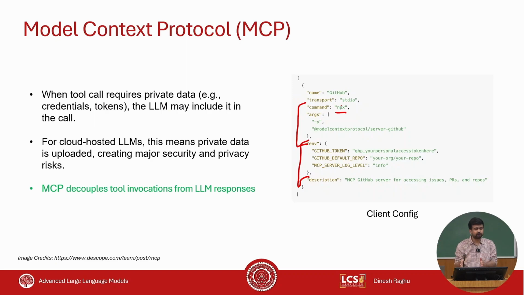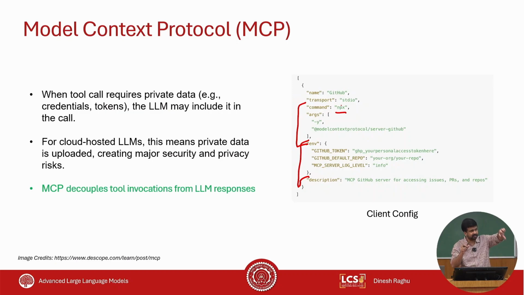So this is the good part about MCP. The MCP client will access your local environment and then take the authentication, and when it initializes the first handshake with the server, it will use this token and it will keep the secret with itself. It's never going to give the secret to the LLM, right? So this is the decoupling of tool invocation from LLM response.